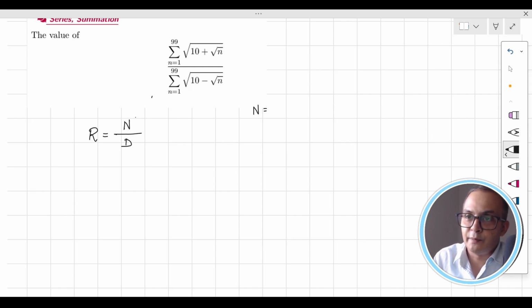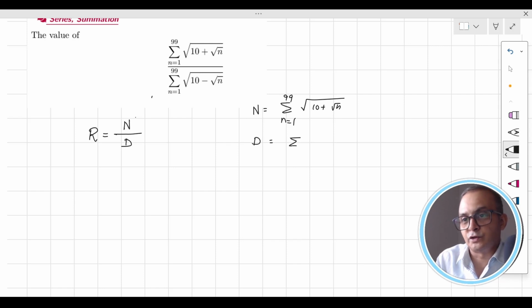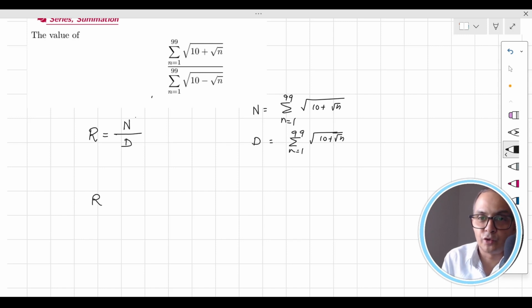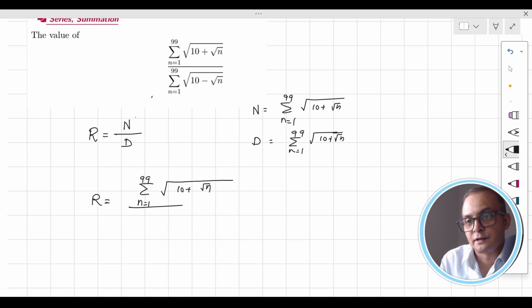Here N is the sum for n from 1 to 99 of the square root of 10 plus root n, and D is its conjugate. It means the ratio right now is the sum for n from 1 to 99 of the square root of 10 plus root n, over the sum for n from 1 to 99 of the square root of 10 minus root n.